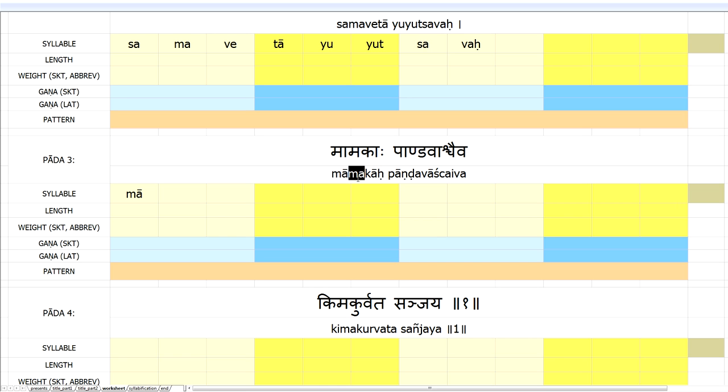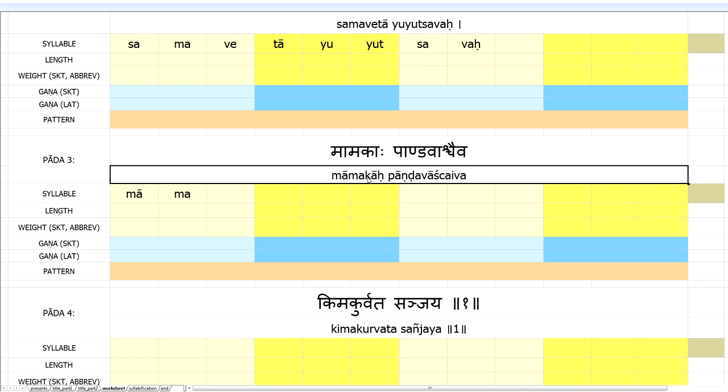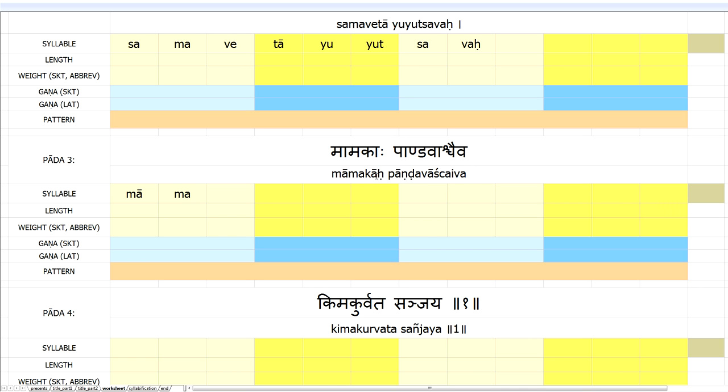Well, this is short a here instead of a long one. But the k sound moves to the right, so we end up with ma. And then once again here, the visarga moves to the left to team up with the vowel next to it. So we have ka, hah.